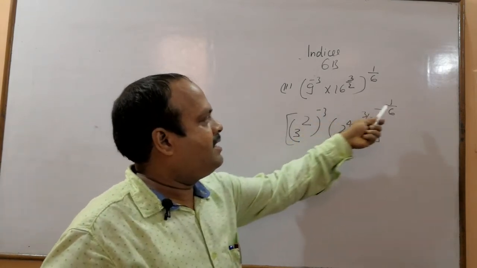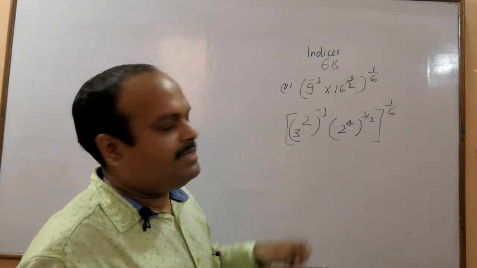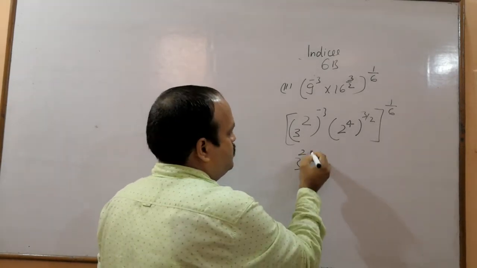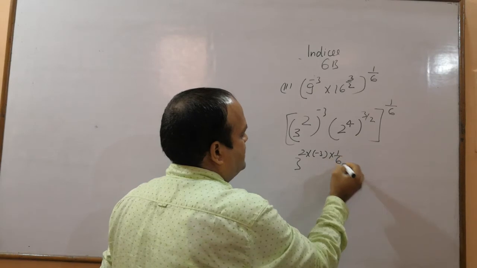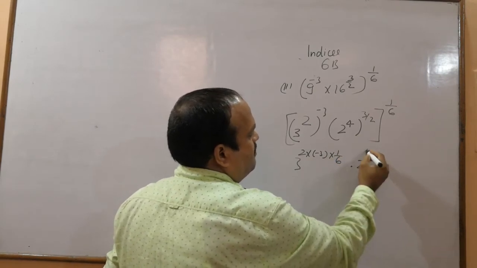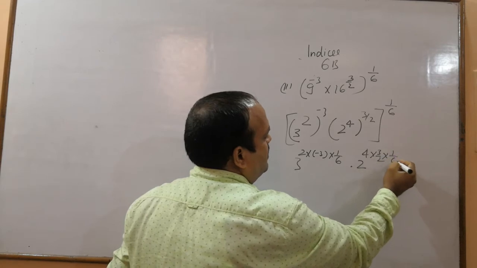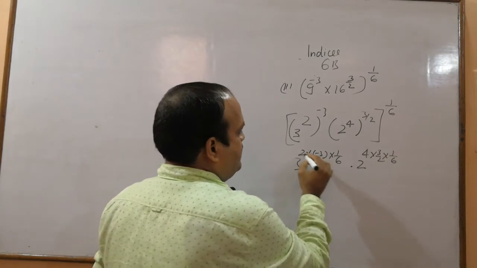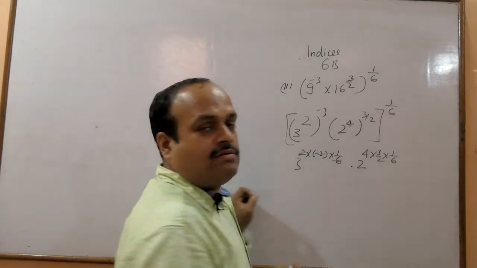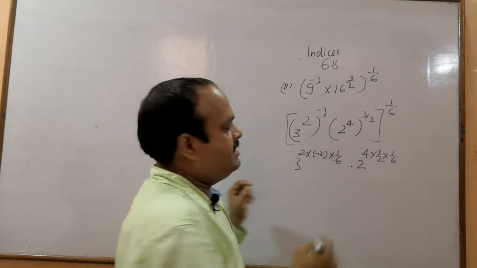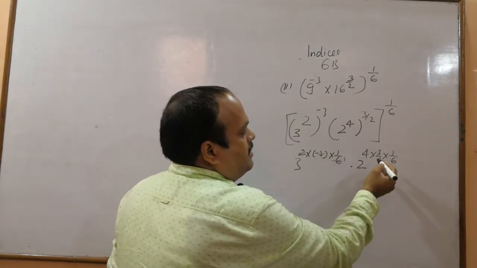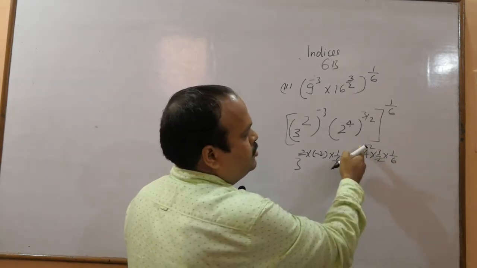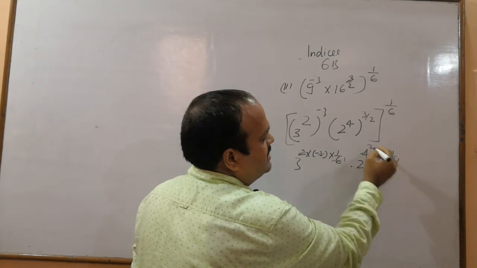All the powers we will multiply keeping the base. So 3 to the power 2 into minus 3 into 1 by 6, into 2 to the power 4 into 3 by 2 into 1 by 6. This power, this power, this power, multiply. 2 threes are 6, 6 cancelled out. 2 twos are 4.